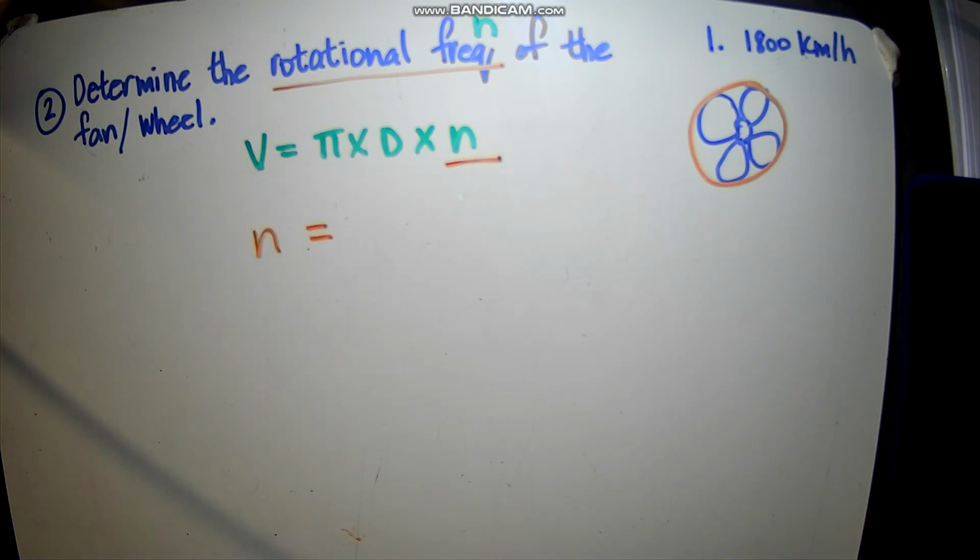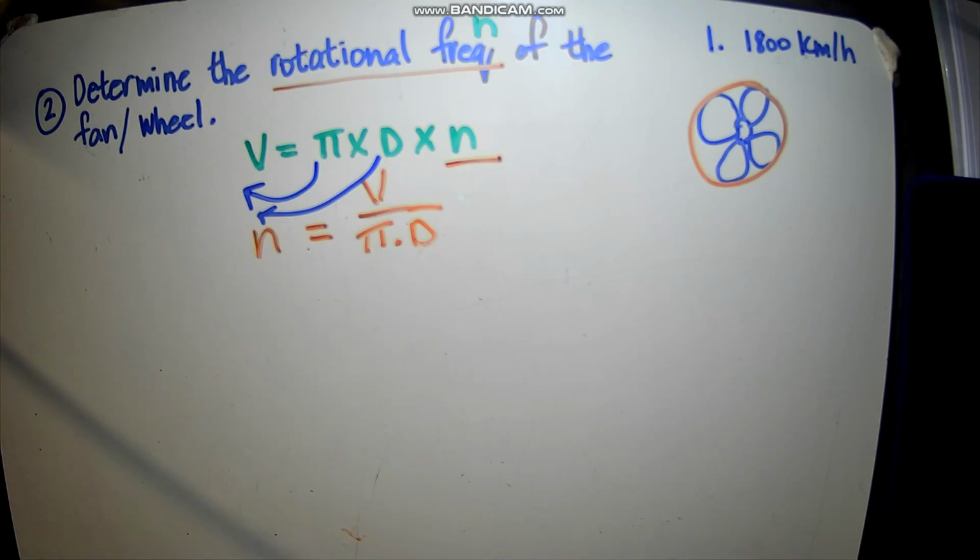We'll say V divided by pi divided by D. This means N will be left. Notice that the opposite of times is divide. So when we take pi and D over to the other side, it will become V divided by pi D.